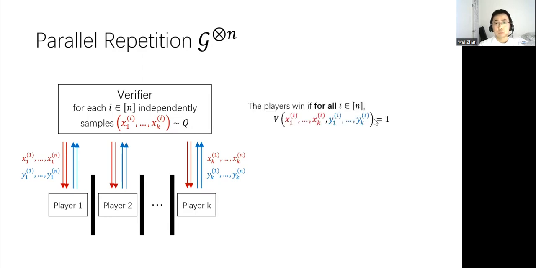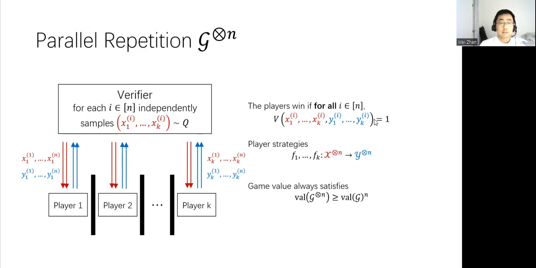Now, the players win if they win all n copies of the game, and their strategies can be formalized as k functions, each from the direct product of n input alphabets to the direct product of n output alphabets. These strategy functions not necessarily, but could be chosen to be the direct product of the optimal strategies in each individual copy of the game.